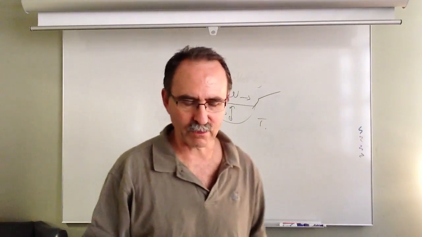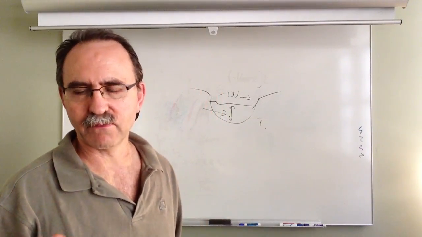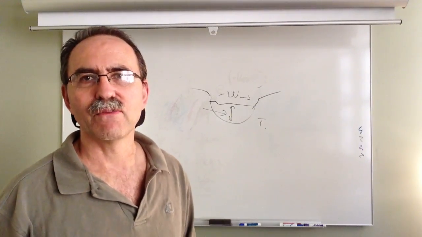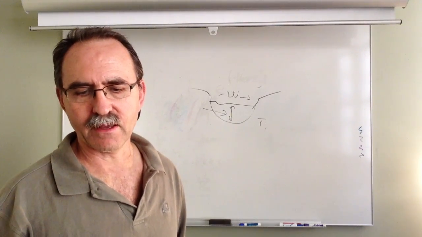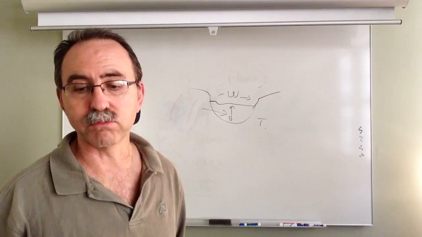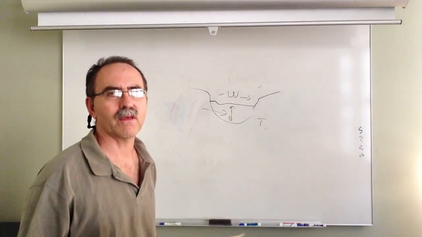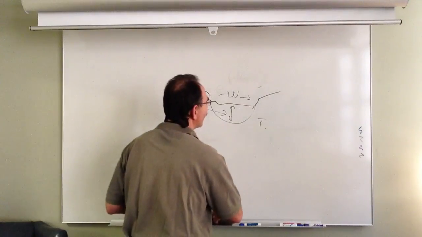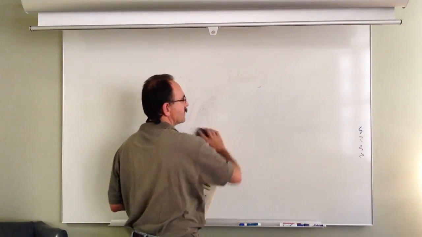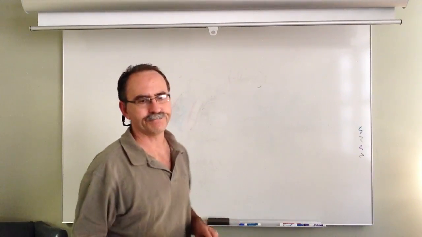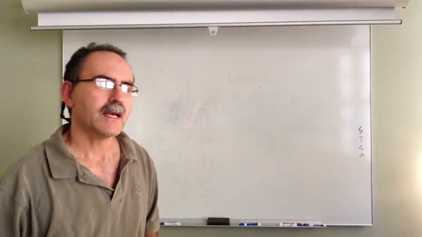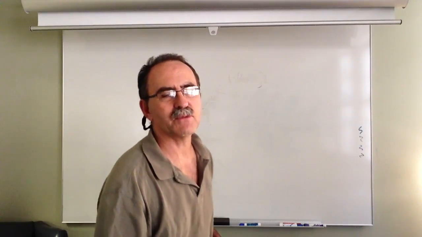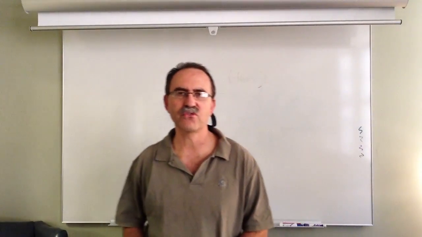So length, width, height, velocity, and time. Or actually, length, width, height, and time. So those are the things that you want to think about in terms of your lotic systems.